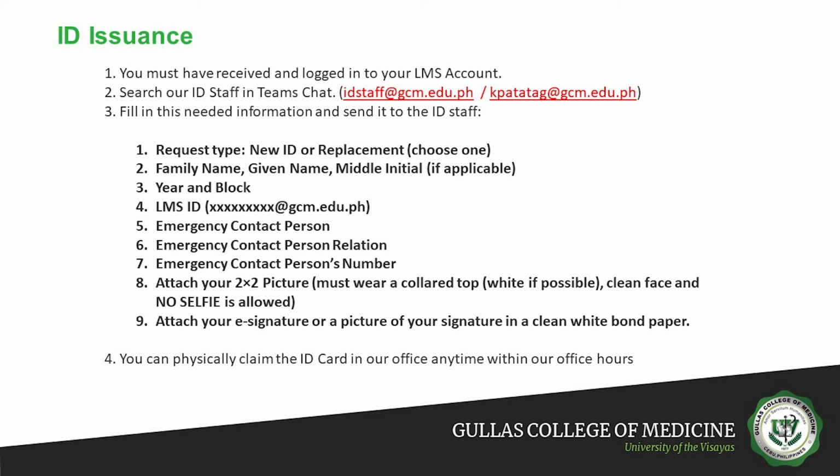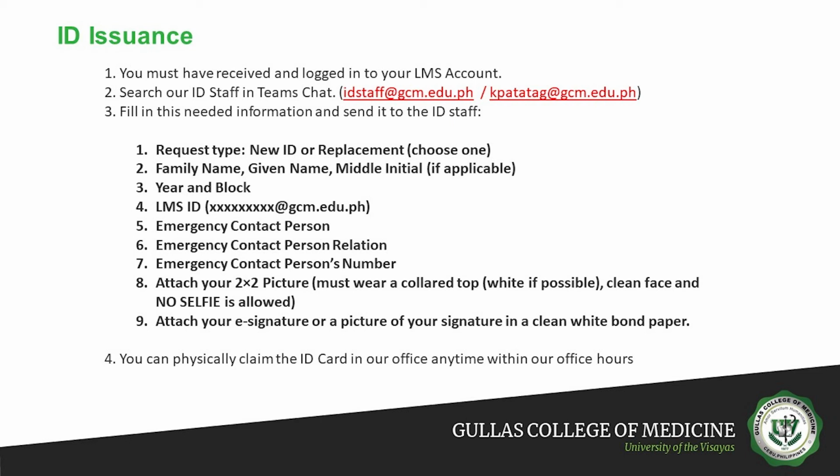Here are the 9 pieces of information that you will be needing. 1. Let the ID staff know if this is a new ID or a replacement. 2. Please make sure to indicate your family name, given name, and middle initial if applicable. Write in as well your year and block section, your LMS ID.